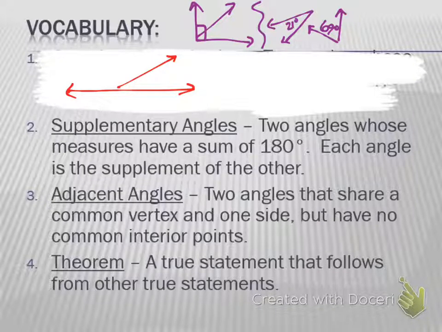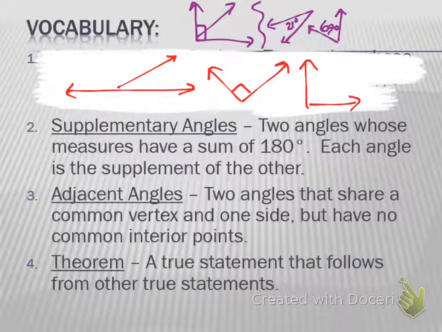Those would have to be supplementary. Or you could have 2 totally separate angles, like 2 right angles that are not connected to each other. So again, we have 2 options for supplementary diagrams. So that is the diagram for supplementary.